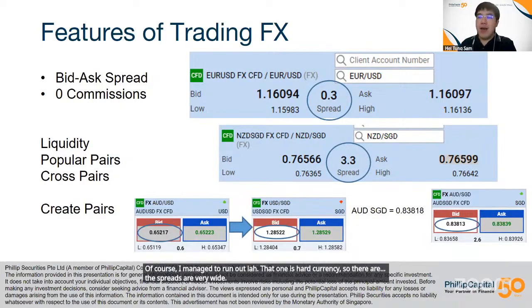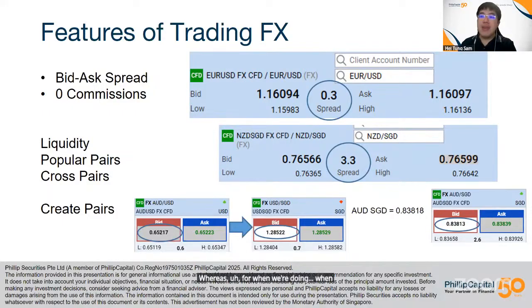When we talk about trading, the lower the spread, the better. So if you're using our Poems app or Poems web, in the trade window for our FX CFD, we even help you calculate the spread. The spread is in pips, and it's the difference between the ask and the bid.